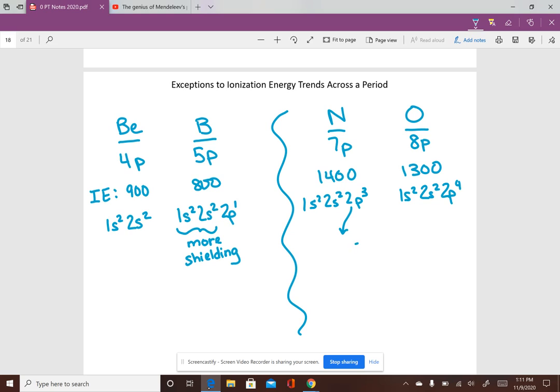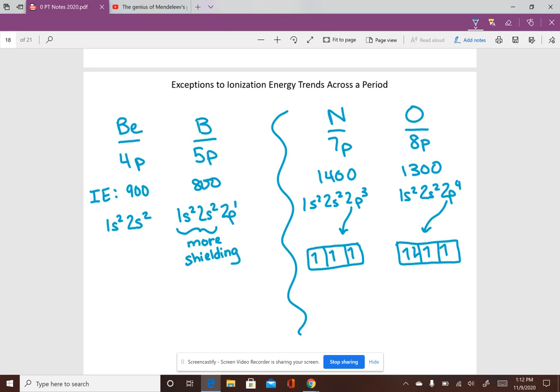If I draw out the p orbitals, right? And according to Hund's rule, I fill in those electrons. We know that they want to separate before they pair up. So those are what the valence electrons in nitrogen would look like. If I do the same thing for oxygen, I have 3 boxes. 1, 2, 3, 4.